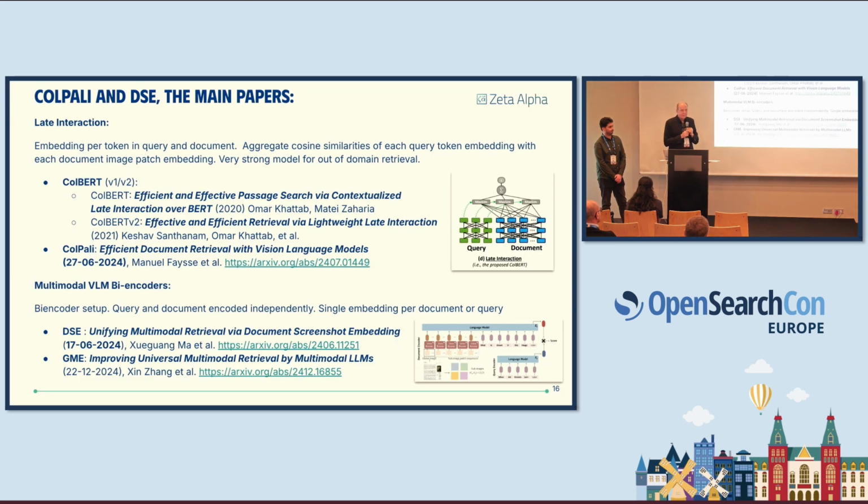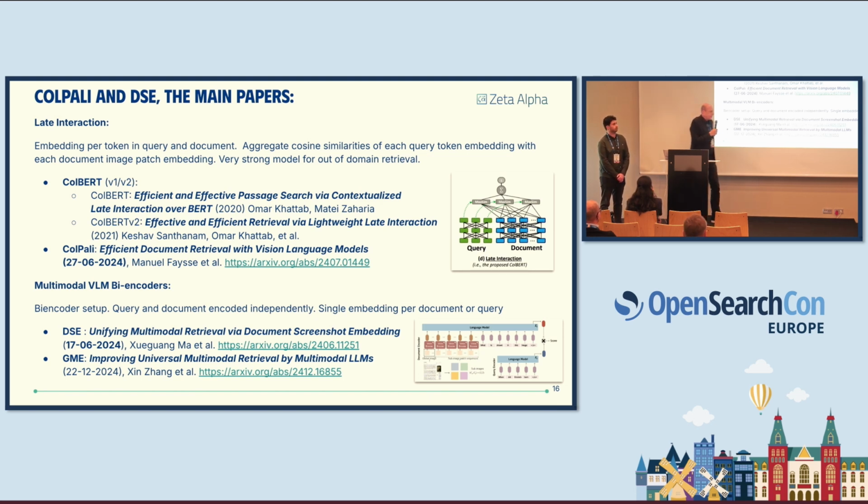So a bit of a dive into the academic literature. ColPali is actually based on a model called ColBERT, which is a textual retrieval model, which stands for Contextualized Late Interaction on BERT Models, published almost 5 years ago now by Omar Khattab and others.